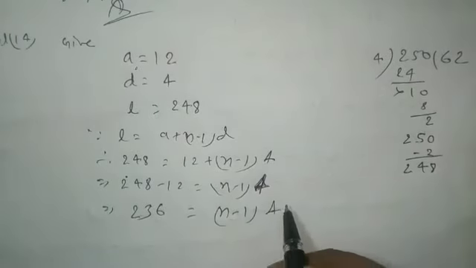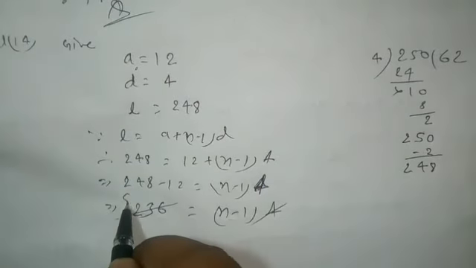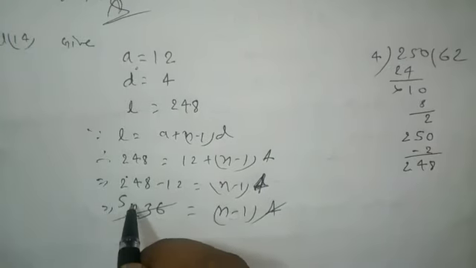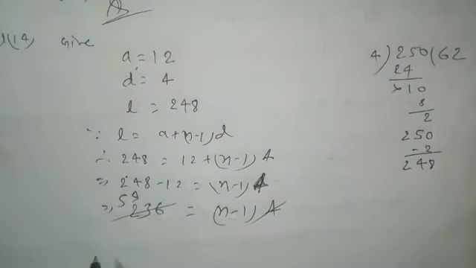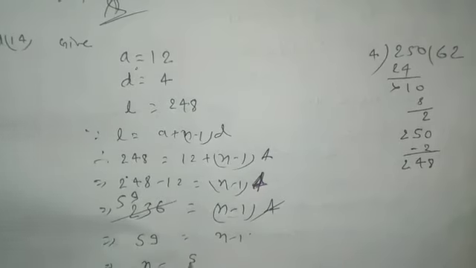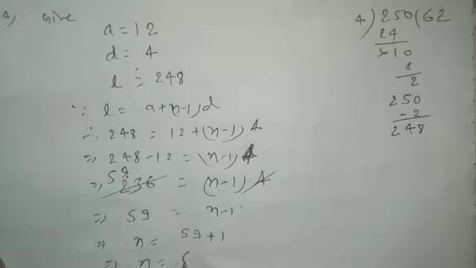Now 236 divided by 4, then we get 4 5 are 20, 4 9 are 36, implies 59 is equal to n minus 1, implies n is equal to 59 plus 1, implies n is equal to 60.